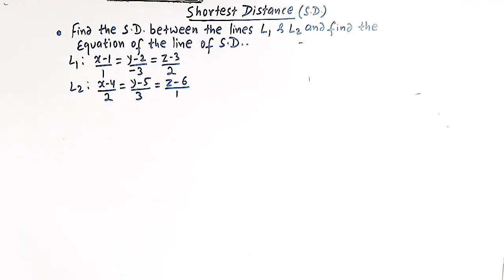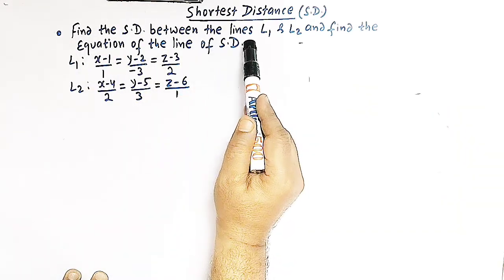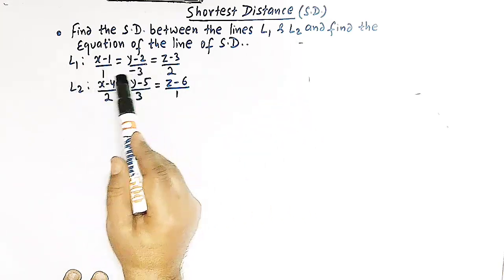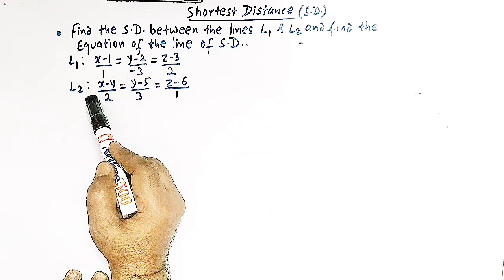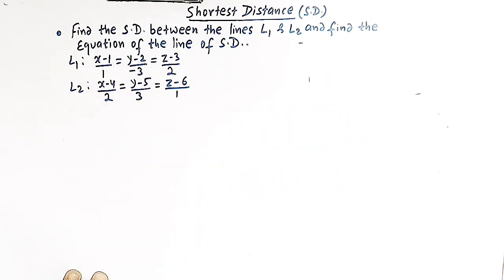Hello viewers, in today's session we are going to discuss one important problem from three-dimensional geometry related to shortest distance between two non-coplanar lines. Here we are going to find the shortest distance between the lines L1 and L2 whose equations are given in symmetric form, and we have to find the equation of the line of shortest distance.